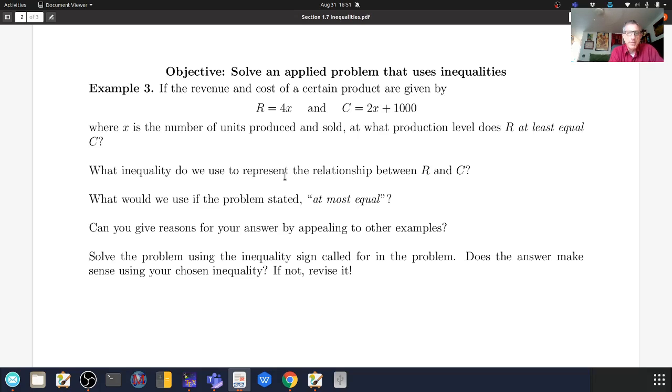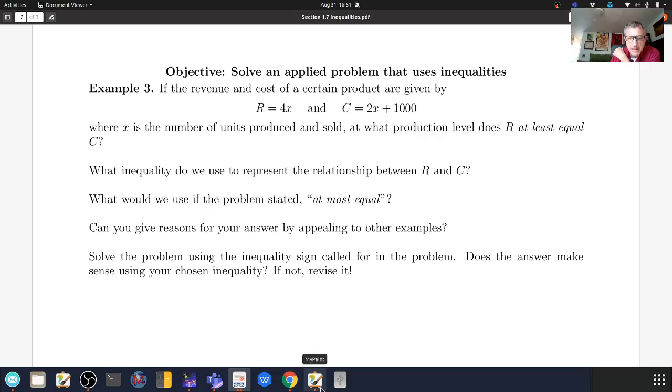If the revenue and cost of a certain product are given by, R stands for revenue, R is equal to 4x, and the cost is equal to 2x plus 1,000, where x is the number of units produced and sold. At what production level does R at least equal C?